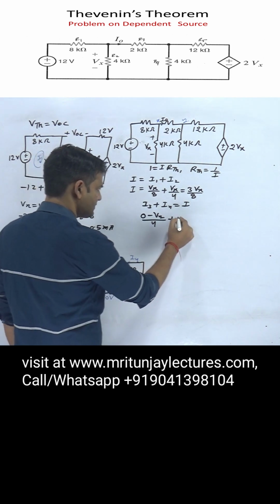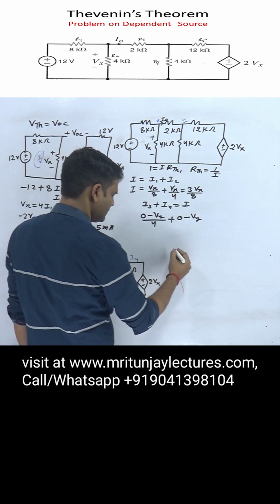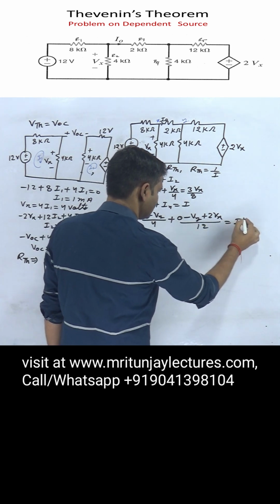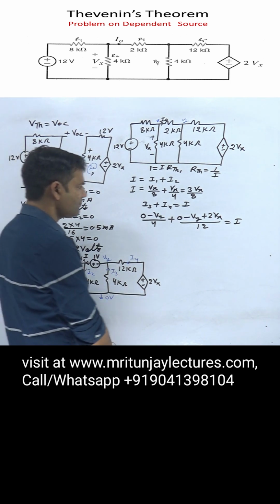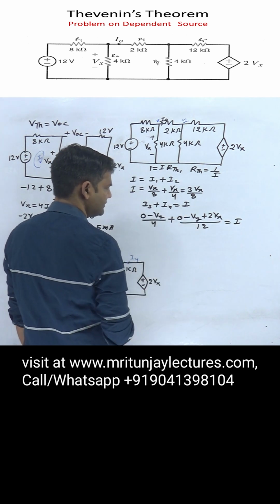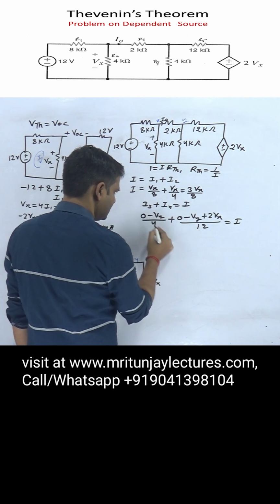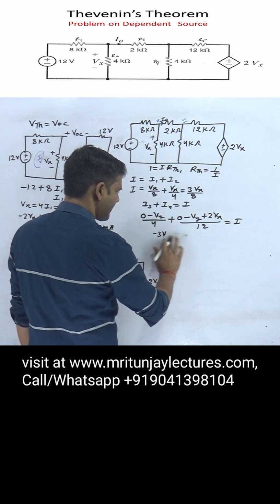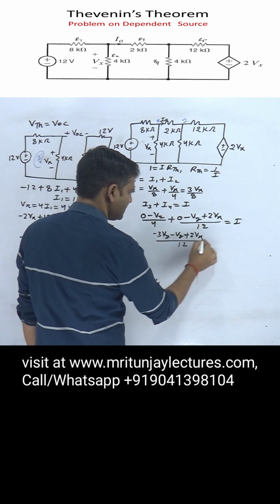Now here 0 minus Vy, and current from the positive terminal, so plus 2Vx divided by 12, equals I. If we solve these two, that is minus 3 Vy minus Vy plus 2 Vx divided by 12 equals I.